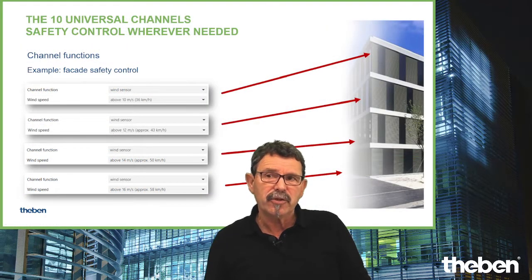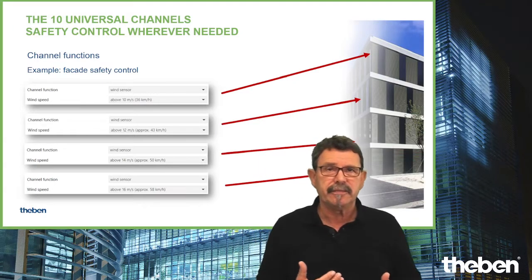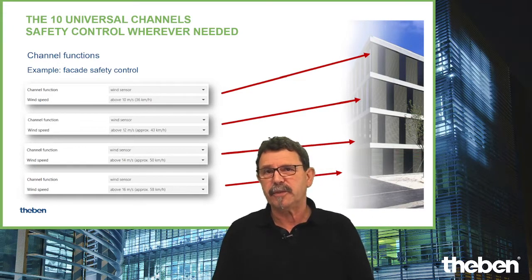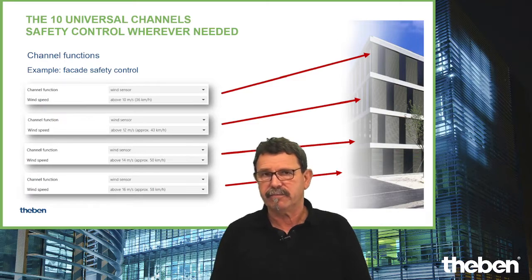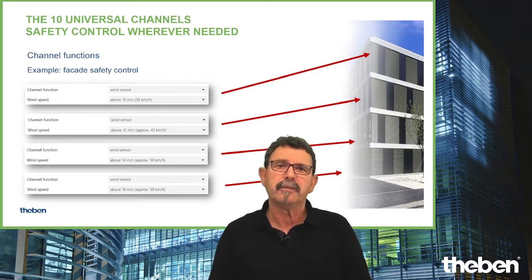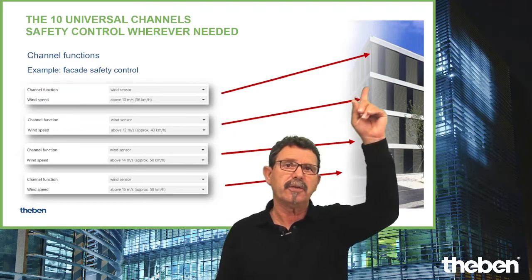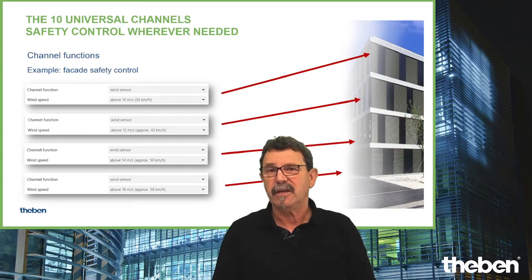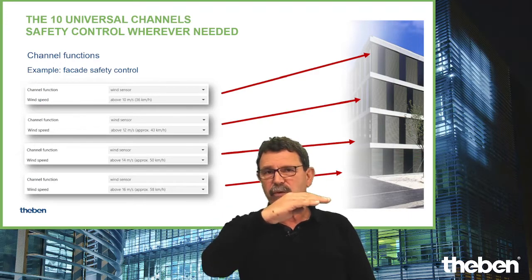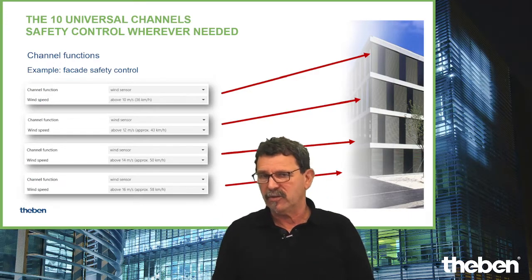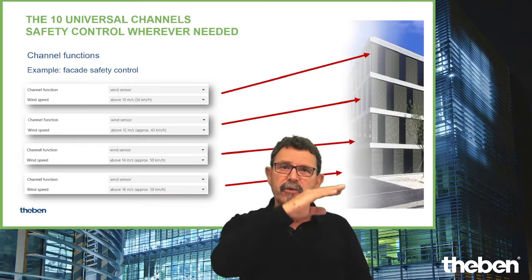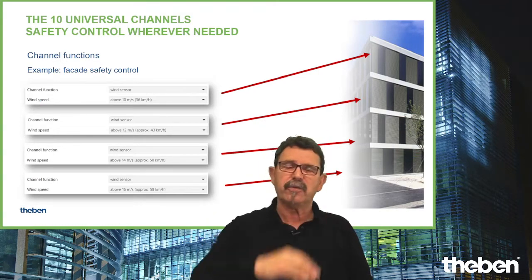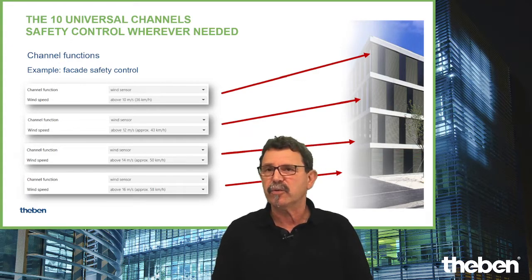And these universal channels, in terms of the wind, you may use especially when you have high-rise buildings or multiple floor buildings. If the weather station is installed on top of the building, the wind is definitely heavy on top. If you measure further down, then the wind is not that strong anymore. So if you like, you can do the rising of these blinds depending on the different levels of wind speed.